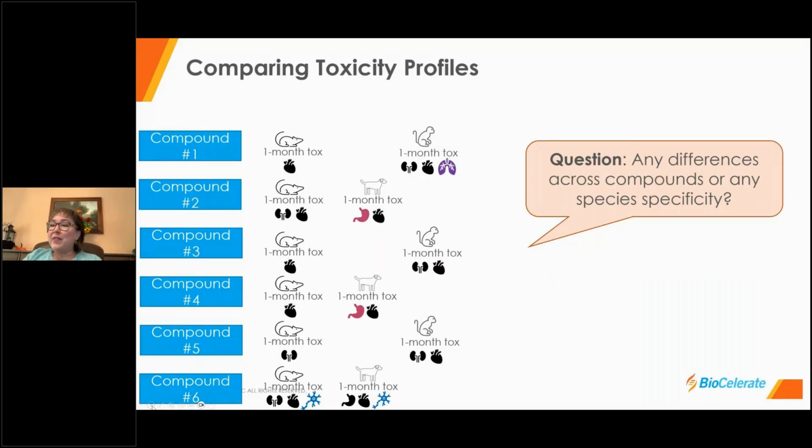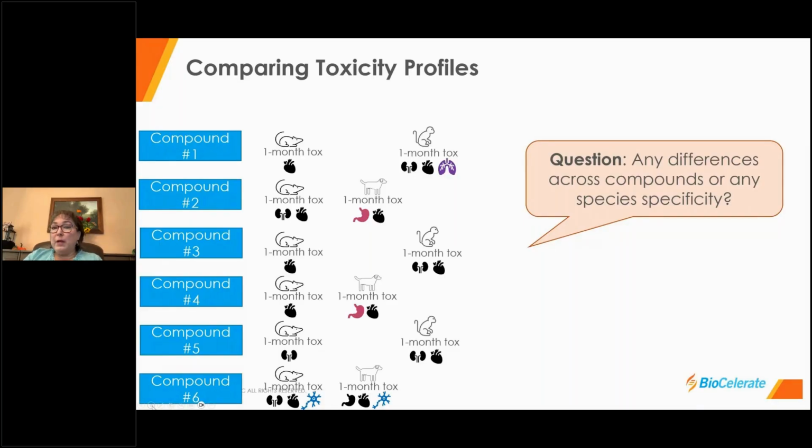So to continue on that theme, same data set, maybe your question is, I want to know what's different here. So aside from the cardiovascular system toxicity, maybe what you're seeing for the first time is that compound number 6 is a little bit different. There's this new, different CNS toxicity that we're seeing. Well, maybe that leads to more questions. Why is that? What is the chemical structure? What's going on here? Is this off target?